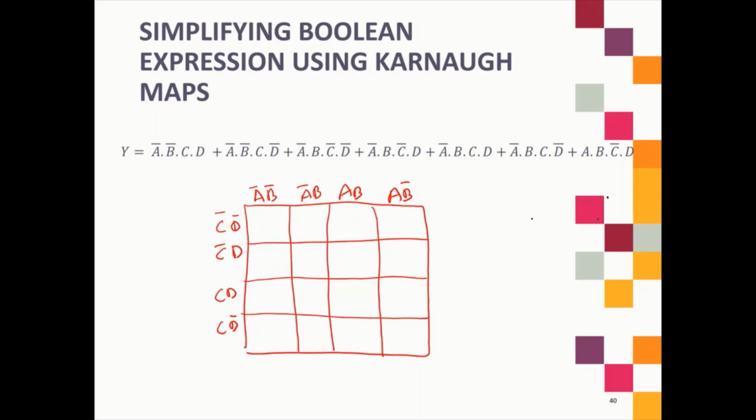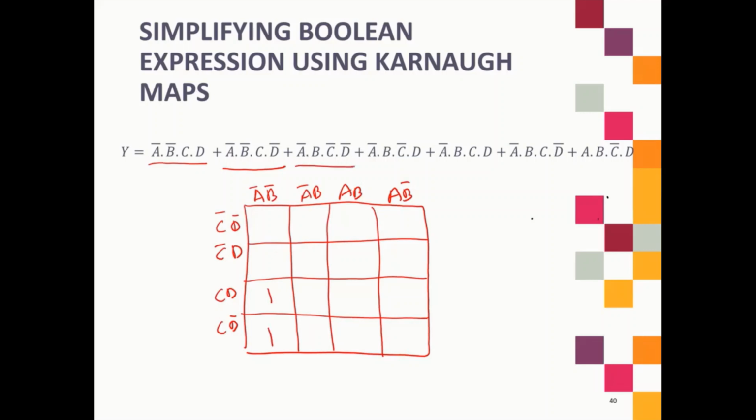So now for 4 variables. This is an example of standard SOP for 4 variables, and I will show you how we can simplify this expression. First you need to map each product term. The first product term is A bar, B bar, C, D, so this is the cell for the first one. Second, A bar, B bar, C, D bar.